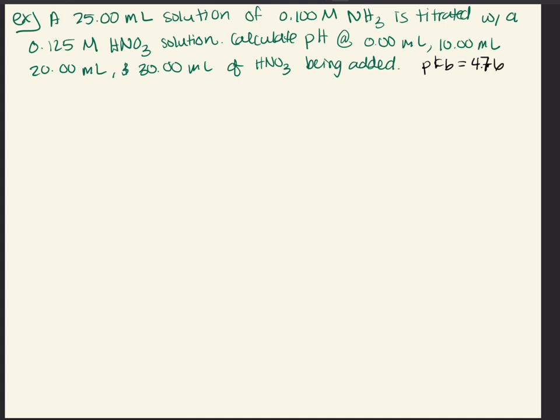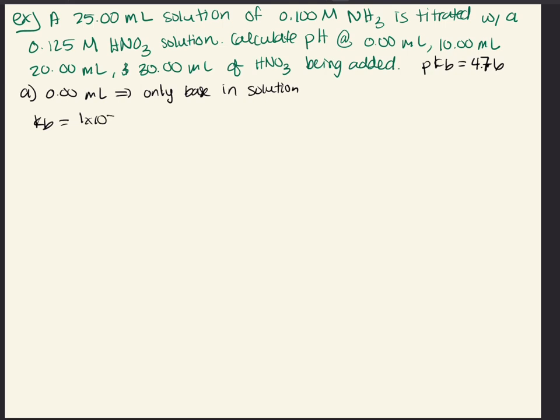So let's look at A. A is 0.0 milliliters of acid added. So what that means is we only have base in the solution. So I can calculate my Kb.